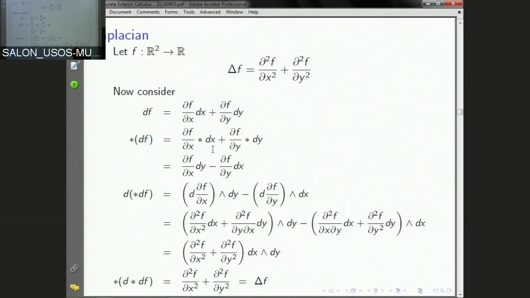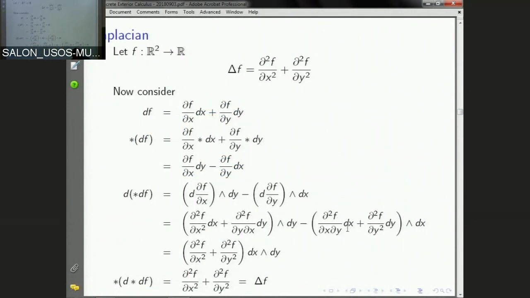The star is applied to the differential one-forms, i.e., it is applied to dx and to dy. The star of dx is dy, the star of dy is minus dx. So I have this expression. Now, apply the exterior differential again, the one I explained to you about. That means the exterior differential of the first function, which is this, and of the second function, which is this, and you get this expression with second derivatives, dx and dy's.